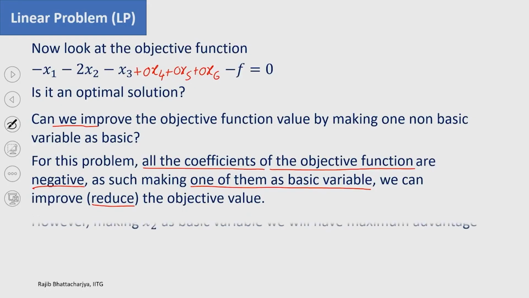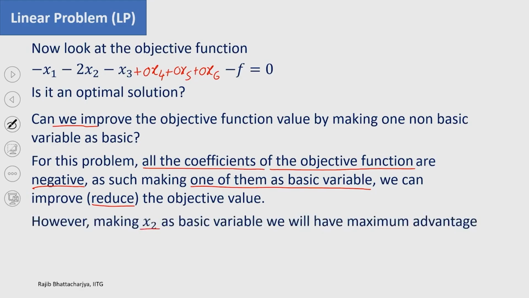Now, if we make x2 a basic variable, we will have maximum advantage. Why? Because x2 has the largest negative coefficient out of x1 and x3. So, we will get more advantage if we consider x2 a basic variable in place of x4, x5 or x6.